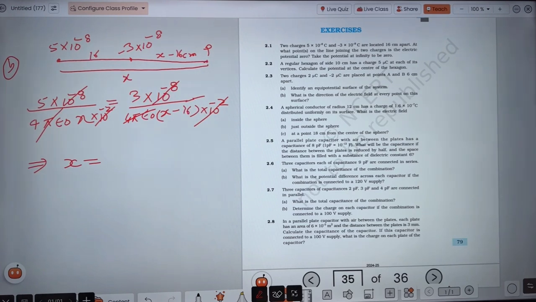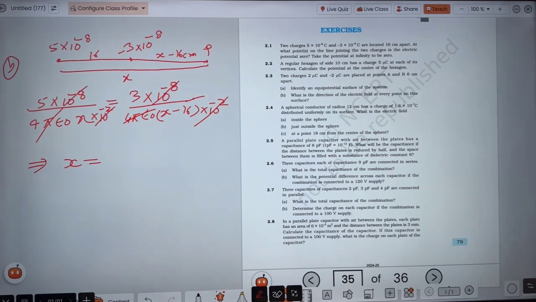So if you evaluate, you will get x equal to 40 centimeters. So there are 2 points where potential is 0. One is here in the middle, and another is on the side of the negative charge. So I think you have understood.